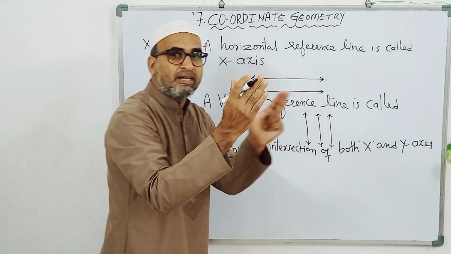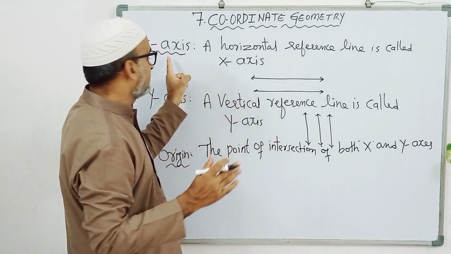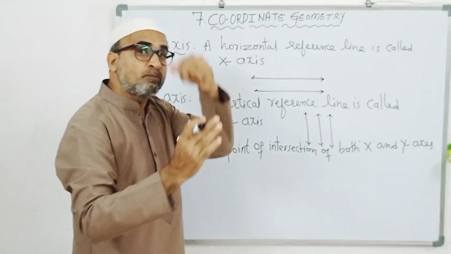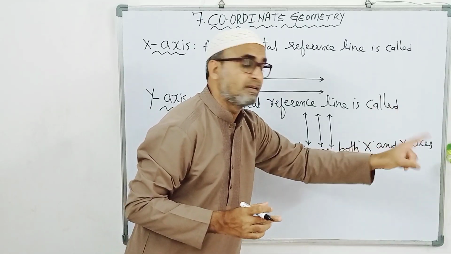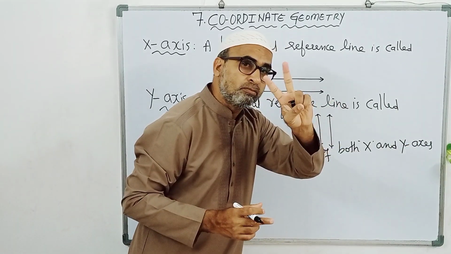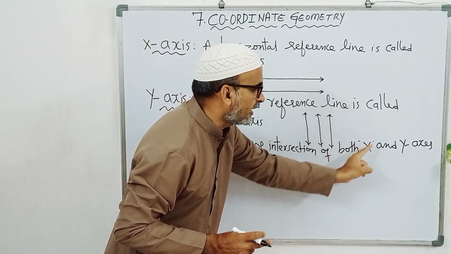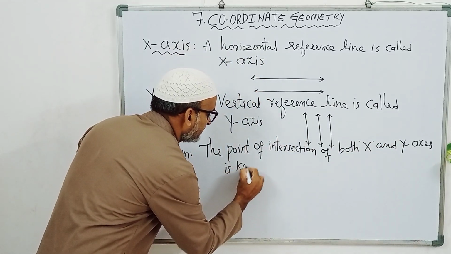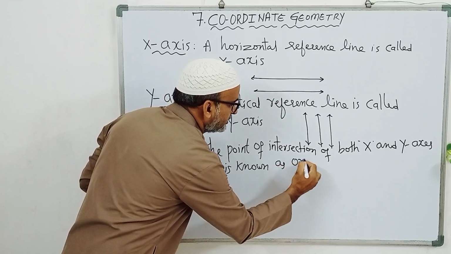If you are combining the axes, x-axis singular, y-axis singular, both axes means plural, x and y axes, axes means 2, x and y. The point of intersection of both x and y axes is known as origin.